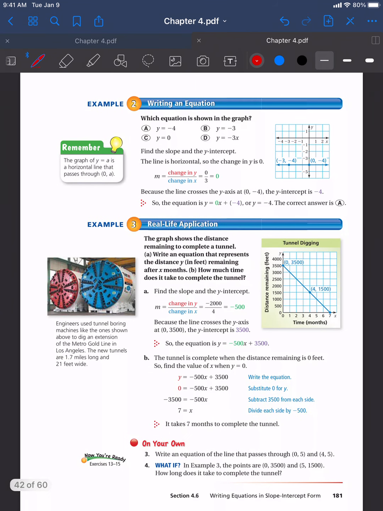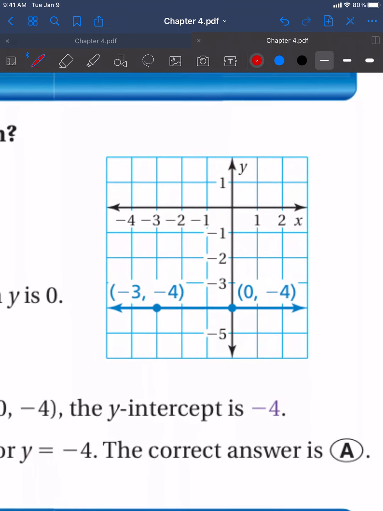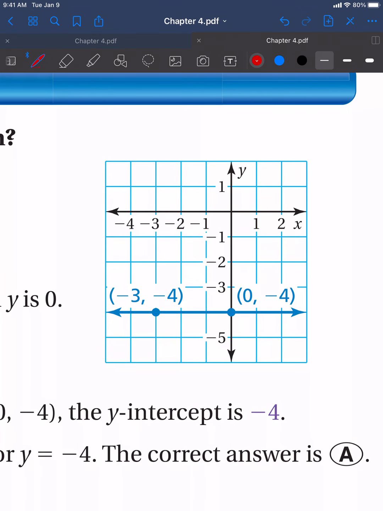Going on to the next page. Ooh! Check out this guy. It's been a while. If a line is horizontal, what is the slope? 0. Yes. If a line is vertical, what is the slope?